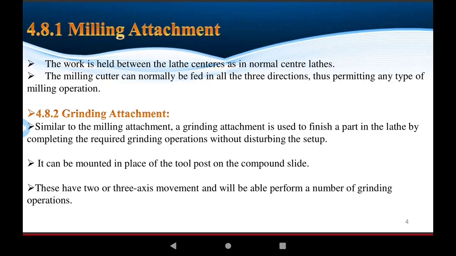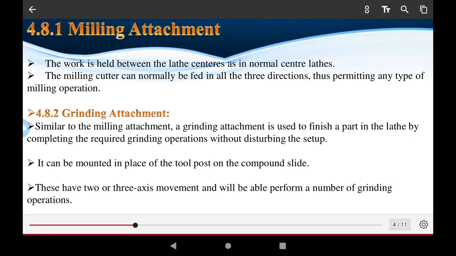Okay, now the grinding attachment. The grinding attachment is used in the grinding operation with the help of grinding tools. Similar to the milling attachment, the grinding attachment is used to finish a part in the lathe by completing the required grinding operation without disturbing the setup.